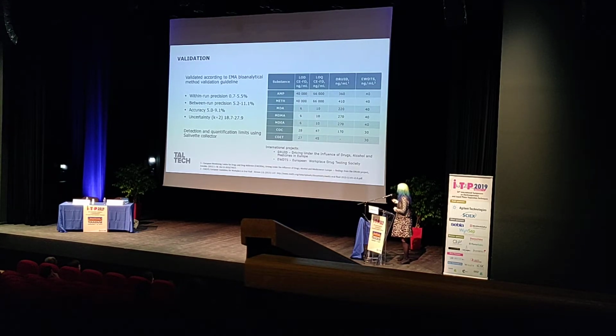Other than that, we got detection and quantification limits around 6 and 30, and 10 and 50 nanograms per milliliter, which are below the recommended cutoff limits for oral fluid drug detection from the Driving Under the Influence of Drugs project and from the Workplace Testing Society, meaning that our method with the Salivette collector, even with its low recovery rates, will still give you good enough sensitivity to detect drug abuse.